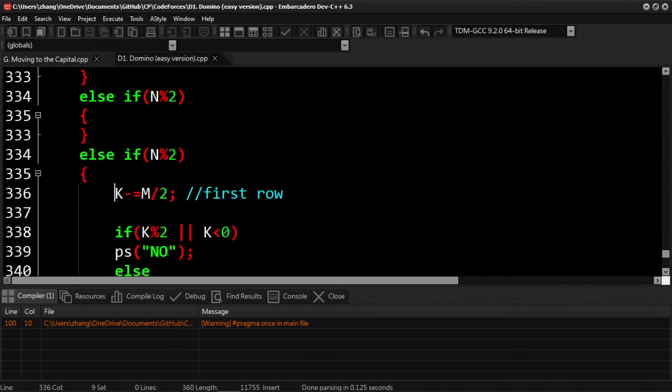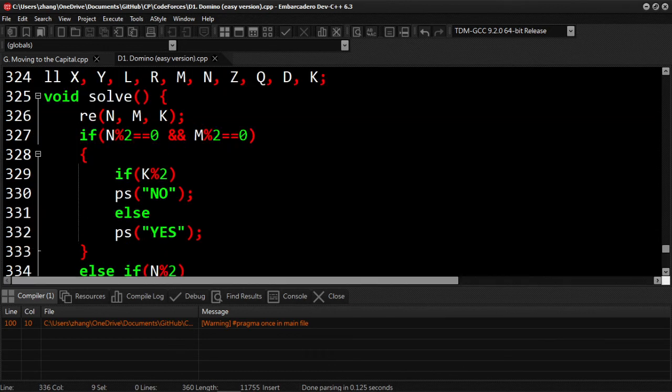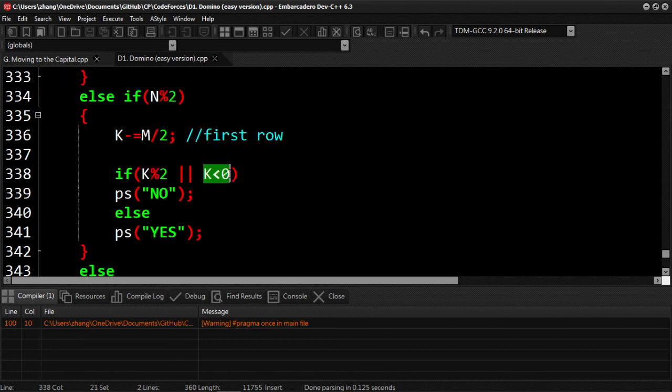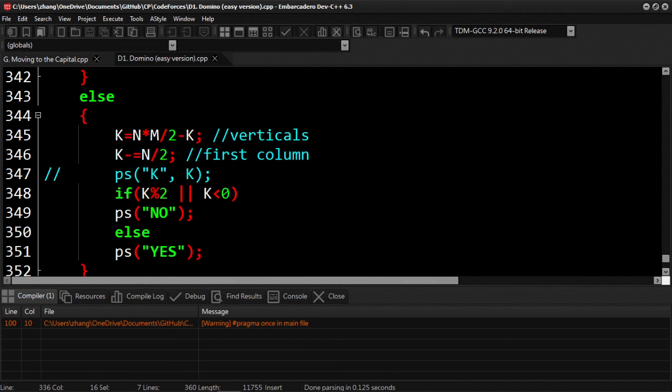And what's nice is it's literally the same as the first base case, like I said earlier. The only difference is that we have to check if k is able to fill up that first row. And here we just switch it to verticals.